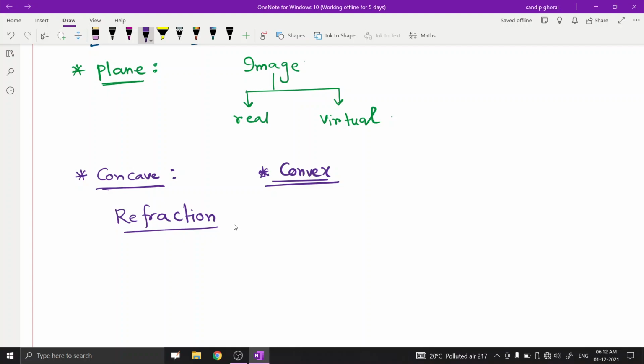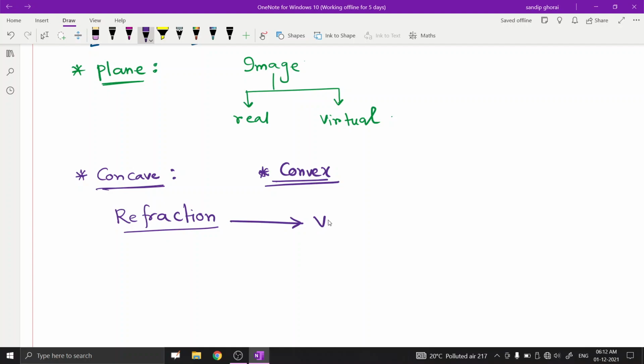That is why we get a larger angle of deviation. This is dispersion of light. This phenomenon where light splits into seven different colors is called dispersion, and the seven colors together are called the spectrum.